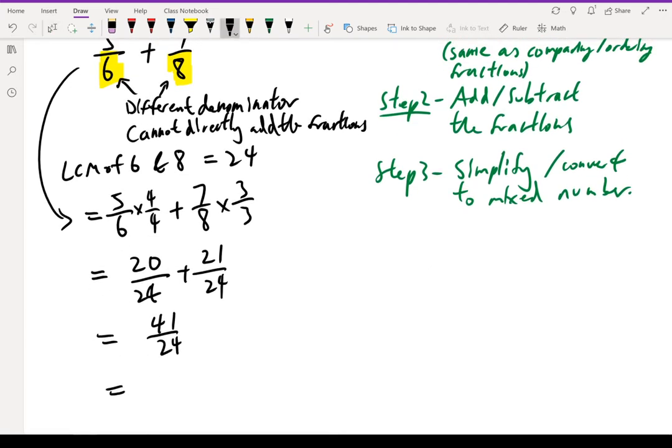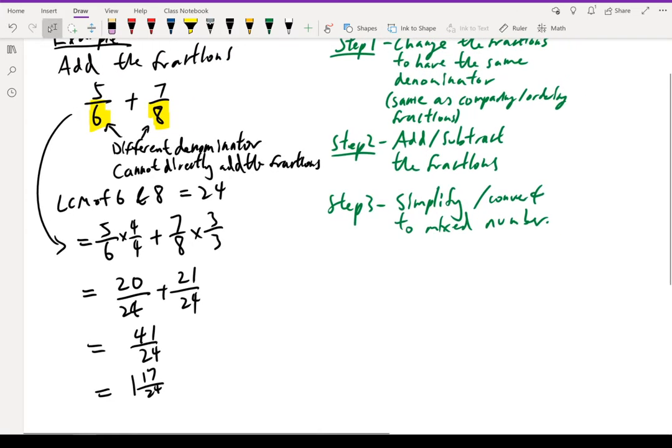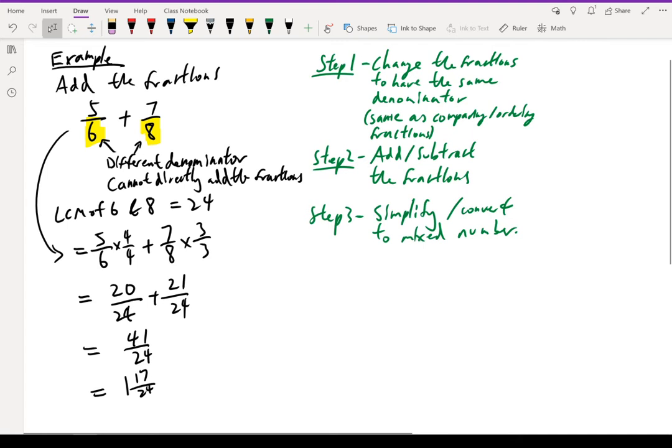This is the same as 1 and, what's 41 minus 24? That's 17 out of 24. 1 and 17 out of 24. Okay, and so that's how we do adding fractions. Remember the 3 steps: change to the same denominator, then add or subtract the fractions, and lastly simplify and convert to a mixed number.